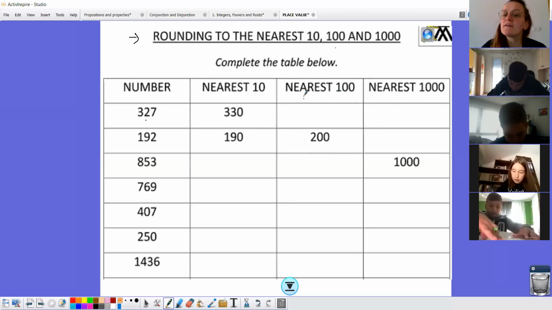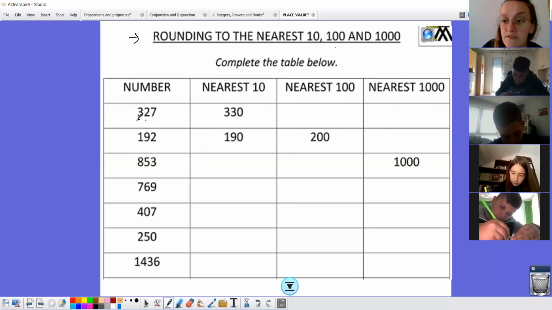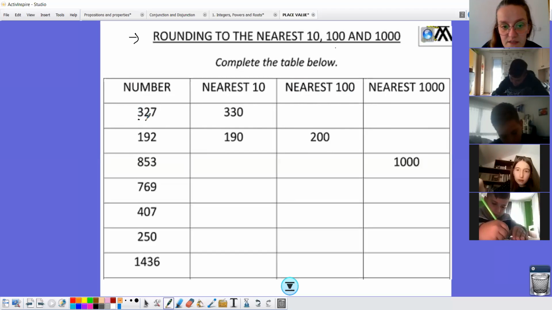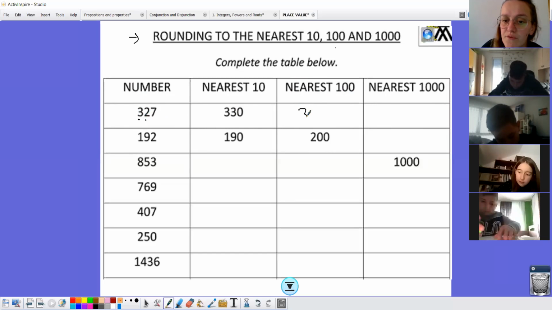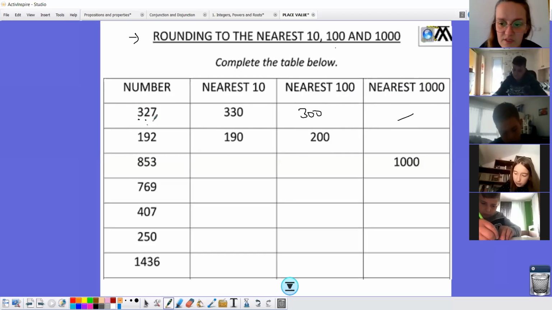When I check the nearest 100, here it's 300. Then the number before, 2, is less than 5, so I will round this one to 300. I don't round to the nearest 1,000 because there is no thousands here.